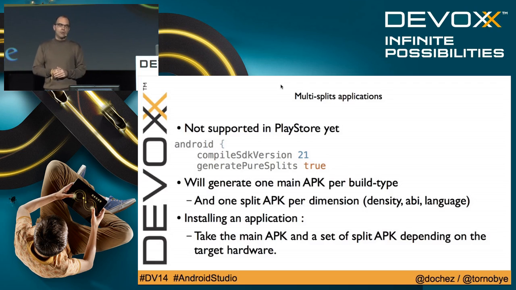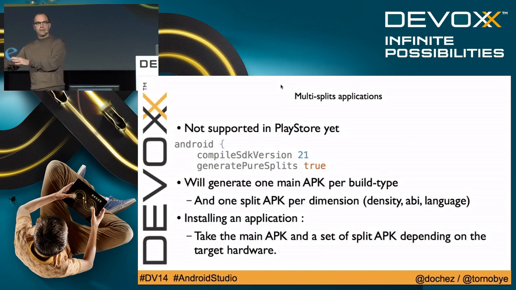And so they made things slightly better with what we called multi-APKs, where you would decide that you want one density and one ABI, but that still contained the entire application. So you would have one APK for one particular density that would still contain the entire app. Then the same application for a different density would still contain everything else, all the classes.dex, everything duplicated between those different APKs.